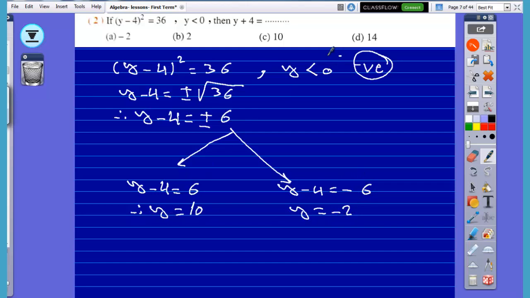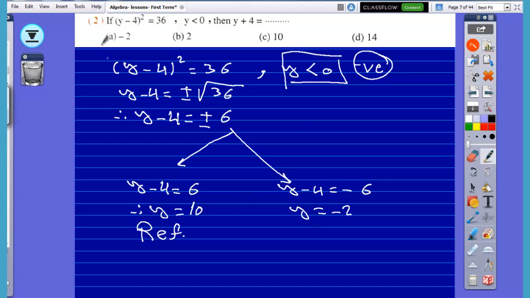But we have here a condition that y is less than 0. So this solution, y equals 10, is refused. So we complete: we have y equals negative 2.